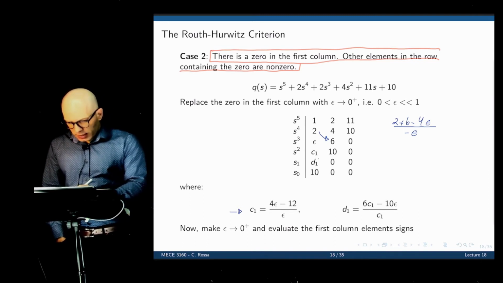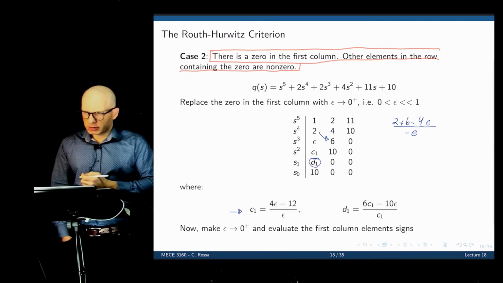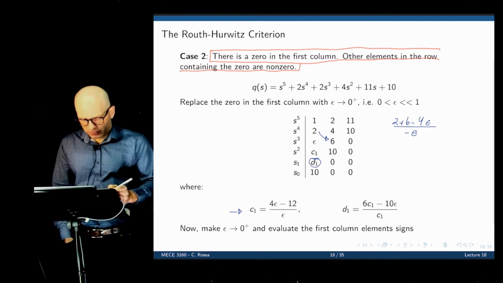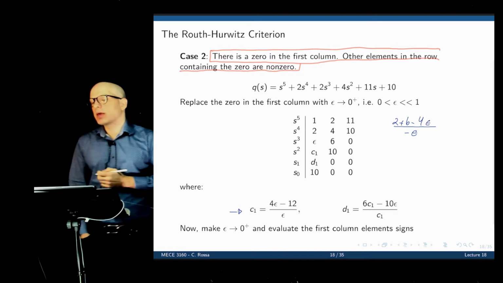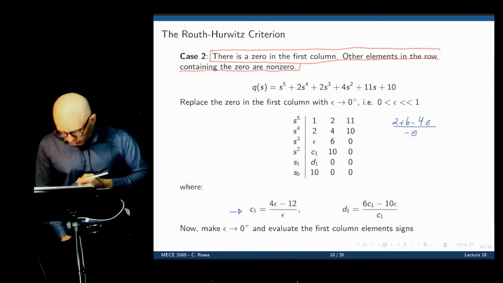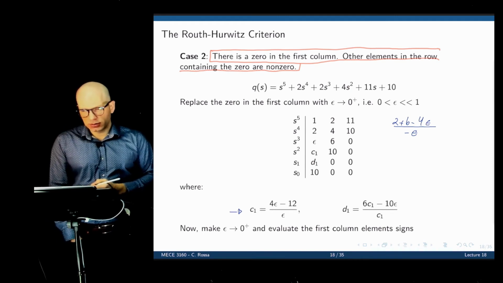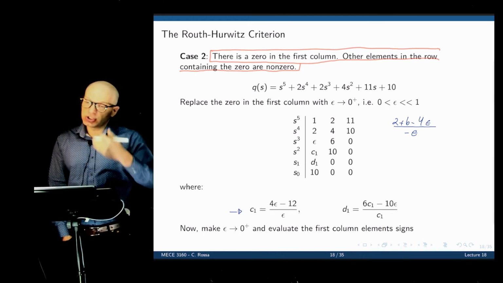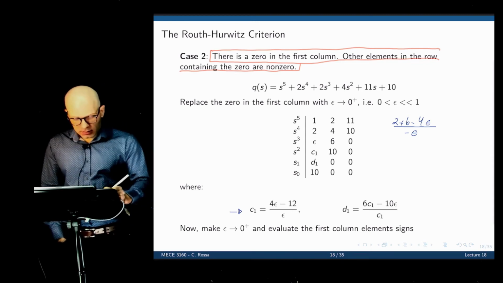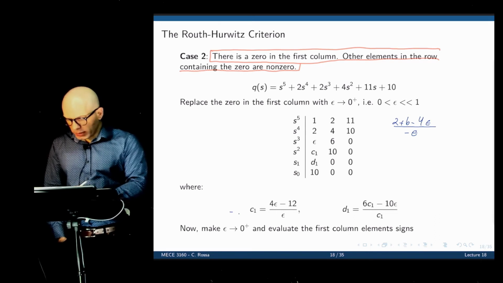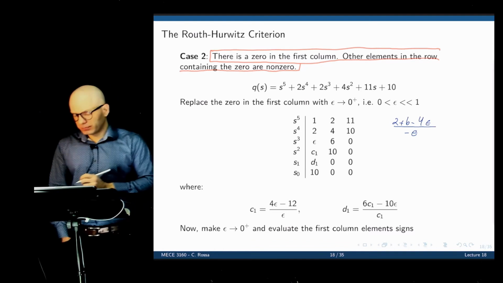You will now see that D1 will be a function of C1, which is a function of epsilon. You can calculate the entire column using a function of epsilon. Once that is done, we make epsilon tend to 0. In this case, I'm choosing to make it tend to 0 from the positive side because the number just above it was positive. When epsilon tends to 0, what is the value of C1?